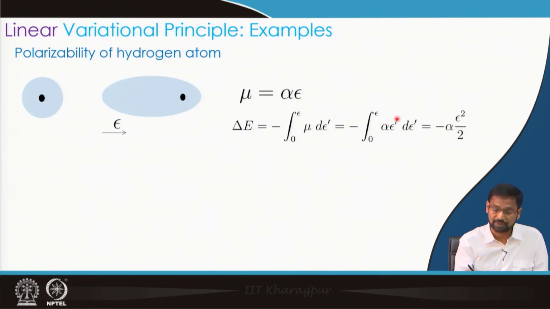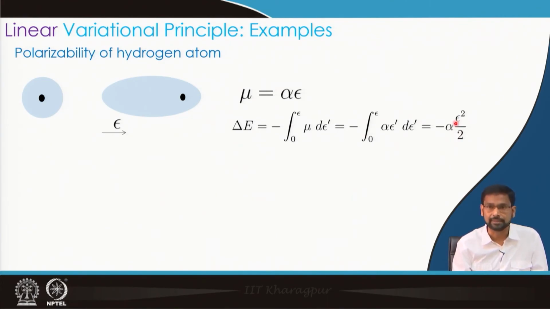In place of mu, I use the relation that I just wrote down, and then alpha, the polarizability, which is taken to be a constant for a particular atom, comes out of the integration, and I obtain the relation minus alpha epsilon square divided by 2, where epsilon is my applied electric field.